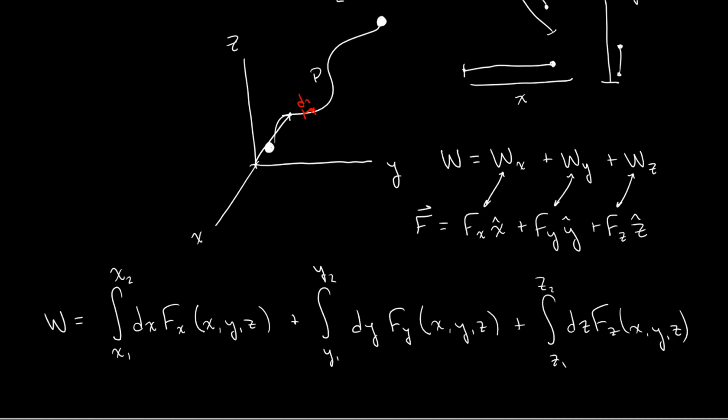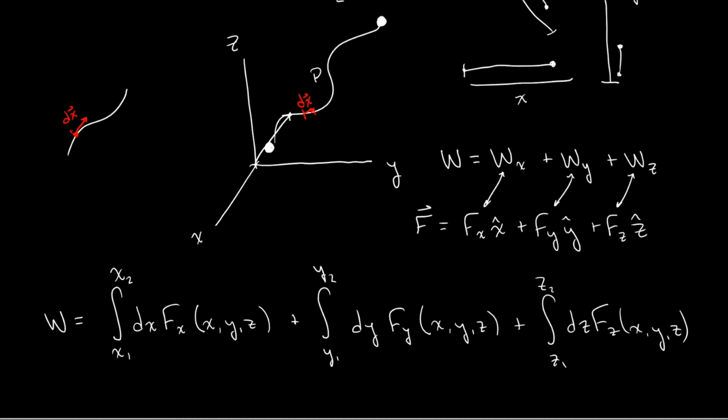So I'll call this dx, and basically if I zoom in really close, I'll draw a little zoomed in picture. I have some curve here, and what this is really going to look like is some vector which is tangent to the line that I care about.